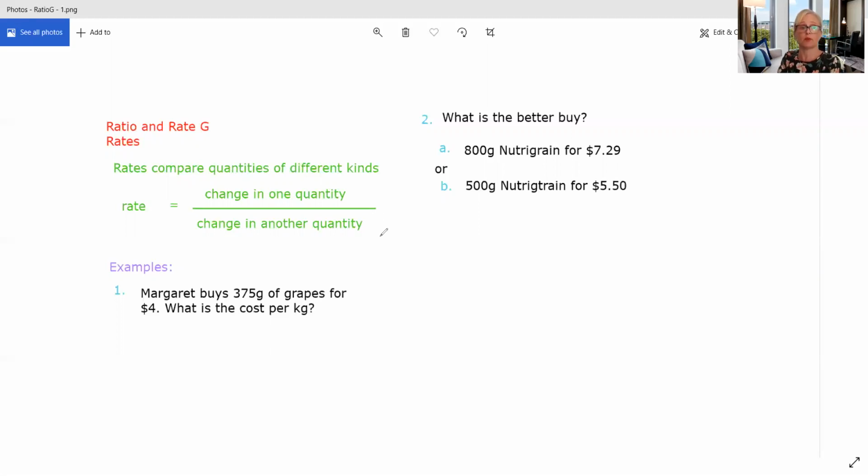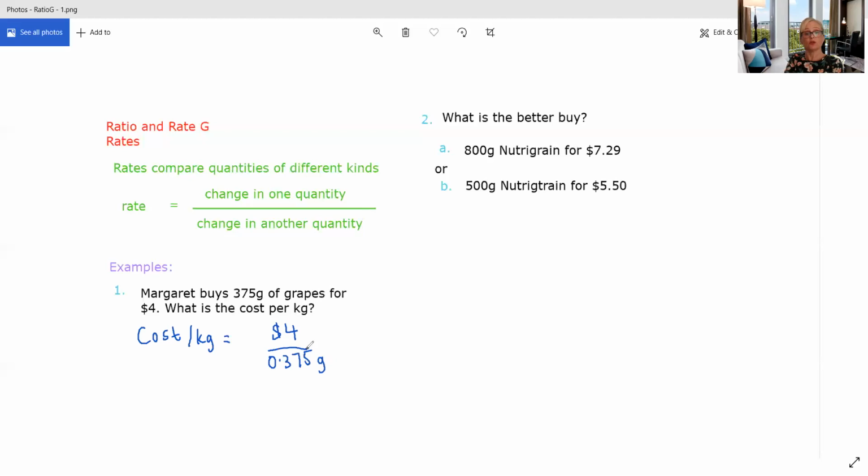Let's do some examples. If Margaret buys 375 grams of grapes for $4, what is the cost per kilogram? Okay, well, the cost per kilogram, it cost her $4 for 375 grams, which is how many kilograms? 0.375, isn't it?